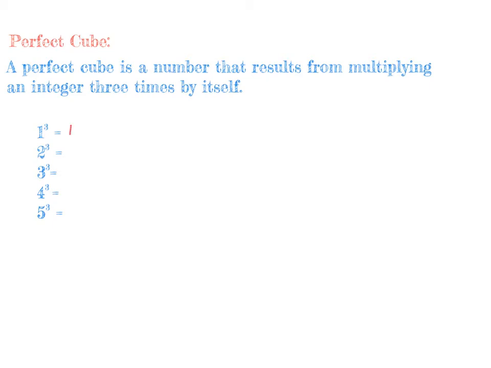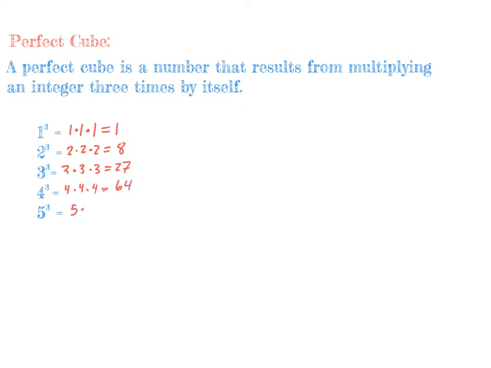So 1 times 1 times 1, okay, that's what 1 cube means. So 1 times 1 times 1 will give you 1. And now you have 2 times 2 times 2, and that will give you 8. 3 times 3 times 3 will give you 27. 4 times 4 times 4 will give you 64.